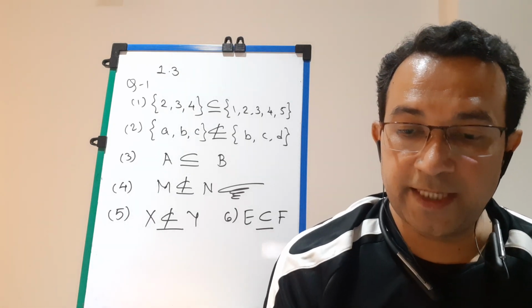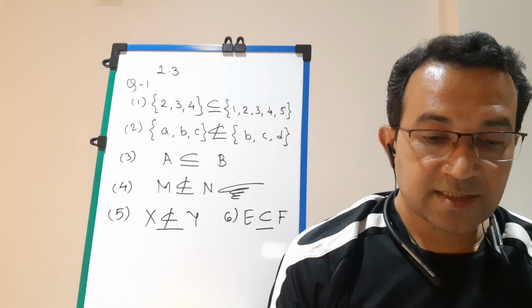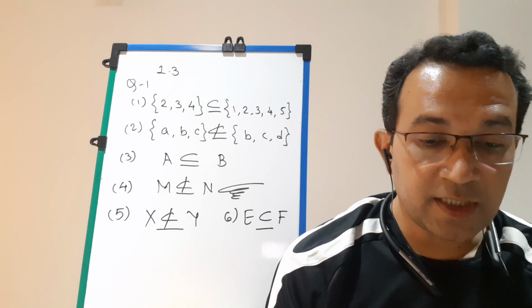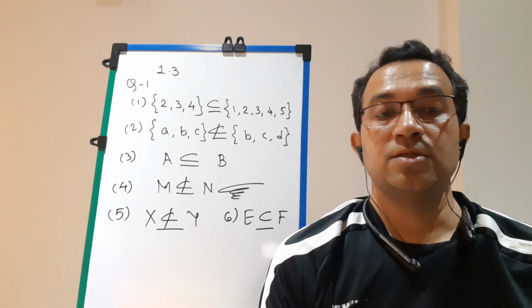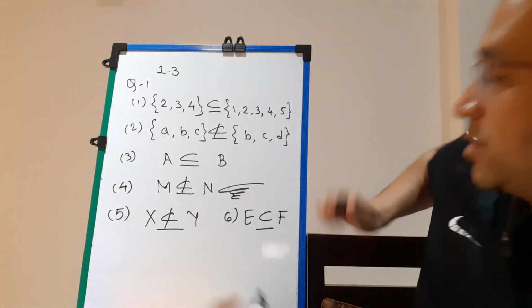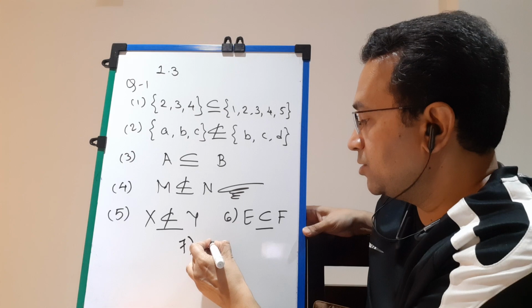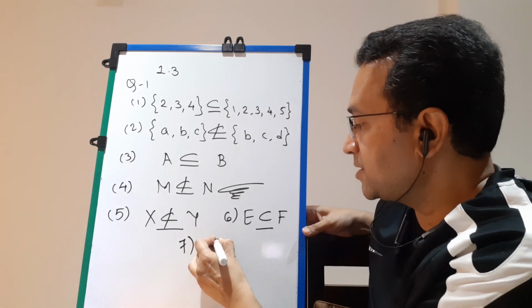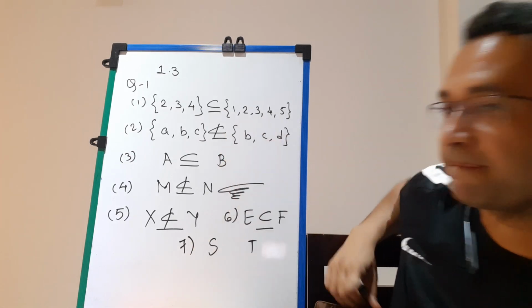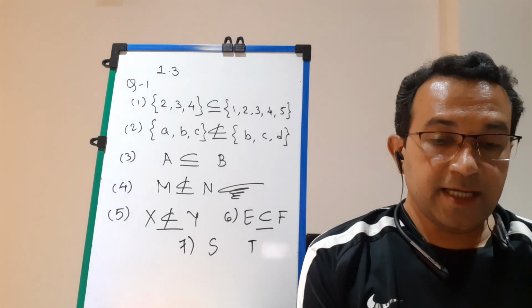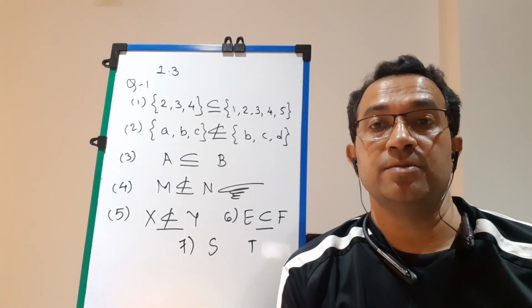Then students, the next question is, x says that x is an even natural number. Now I am writing the 7th pair, we will name this as S and T. So set S is of even natural numbers, students.